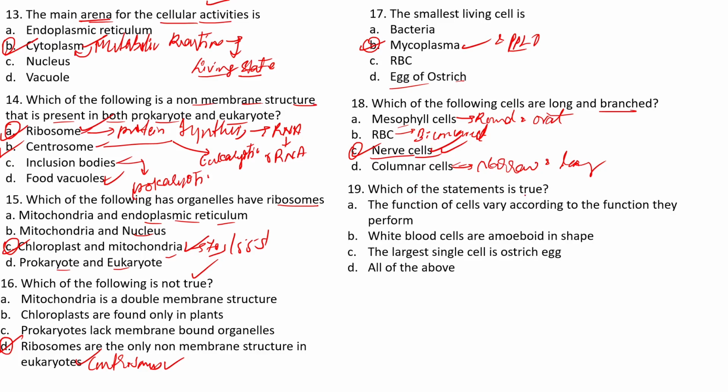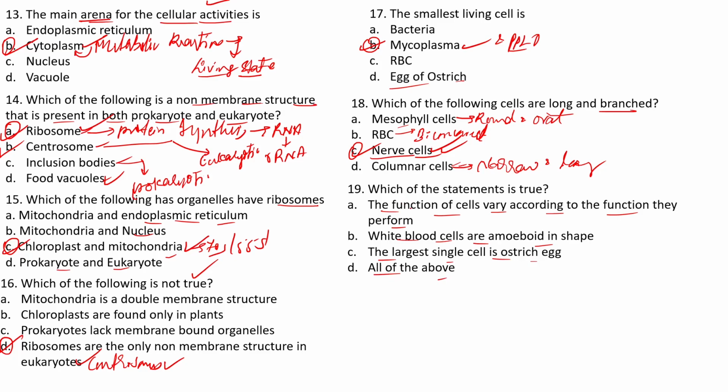The next question: which of the following statements is true? The functions of the cell vary according to the function they perform. White blood cells are amoeboid in shape. The largest single cell is the ostrich egg. The last option is all of the above.